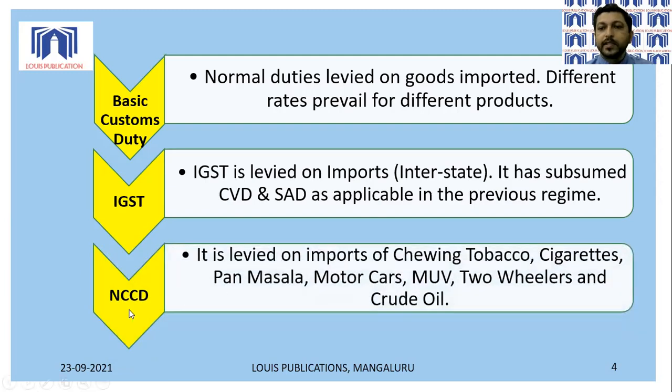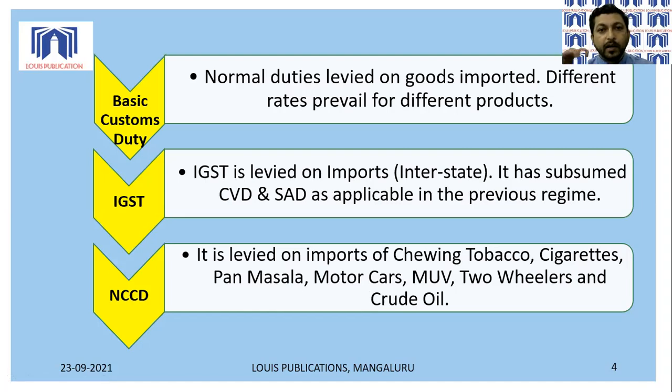Then we have NCCD, that stands for National Calamity Contingent Duty. It is levied on the imports of chewing tobacco, cigarettes, pan masala, motor cars, multi-utility vehicles, two-wheelers, and crude oil. We have to understand a very, very important point. Suppose in the examination, a problem is given, and an NCCD is given.